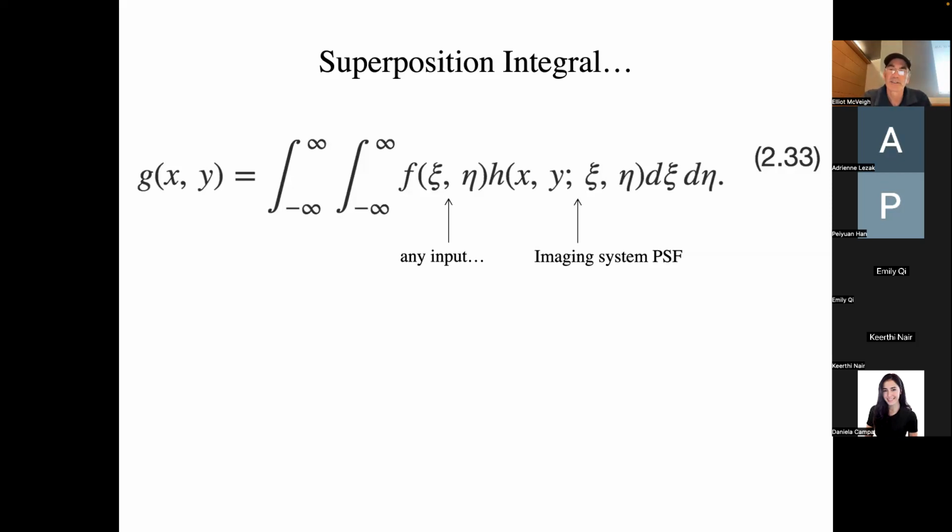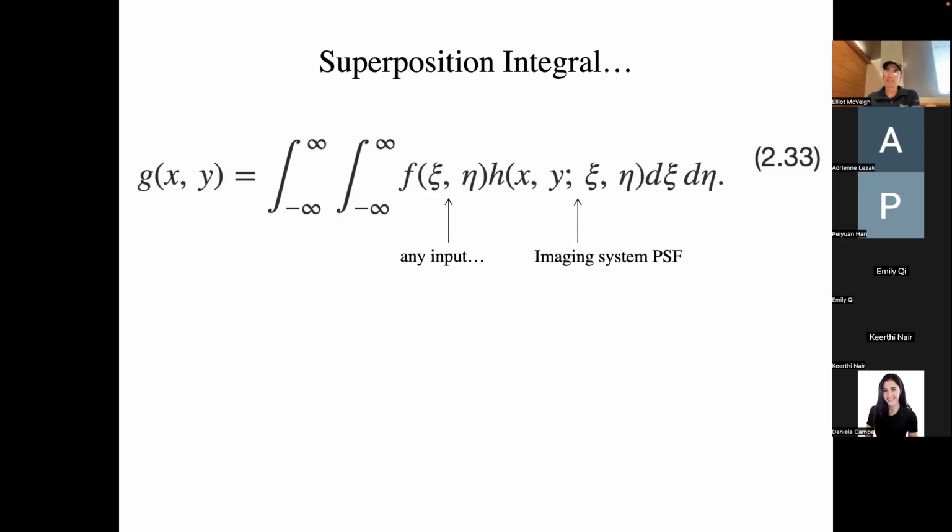It's a two-dimensional function. Then the way I create the image of that function as a function of space is I multiply the function by the point spread function at each point x, y, right? And then integrate over the whole field, right?